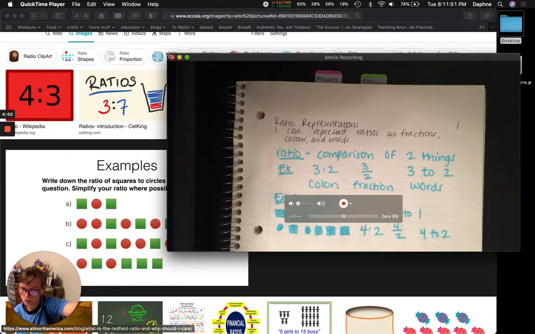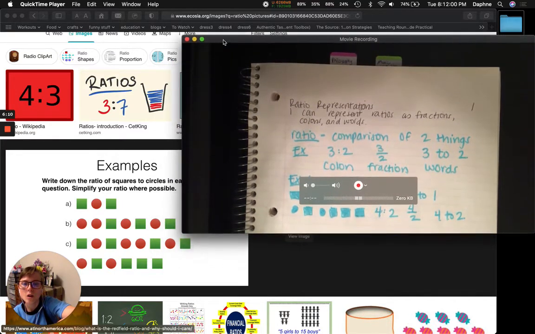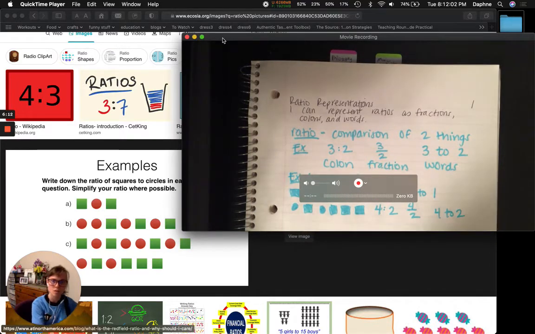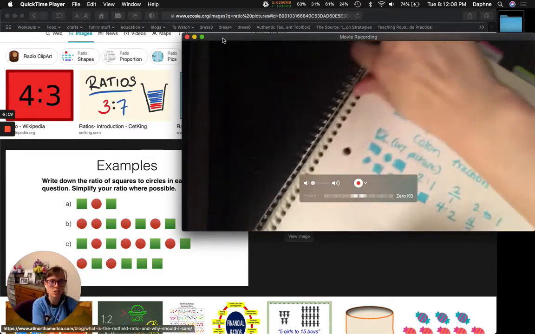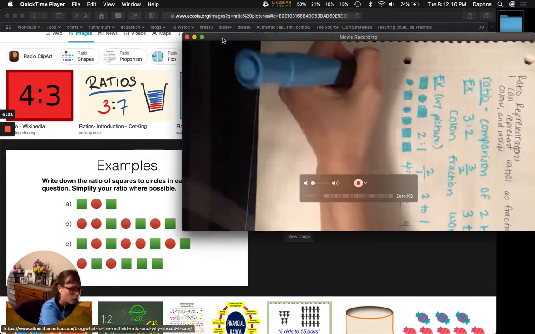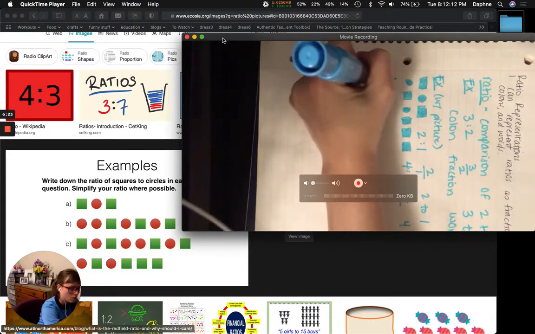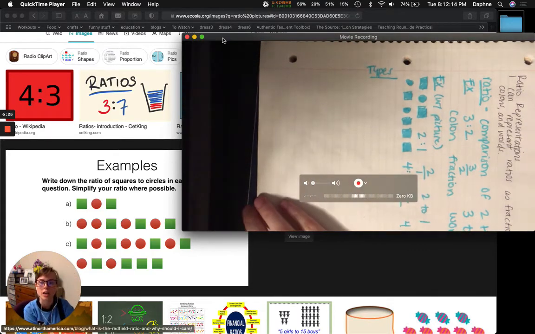All right, so actually, I'm going to move this over. There we go. We're going to look at B. Okay, so I want you to turn sideways, and I'm going to write the word types, because we're going to make a table of types.